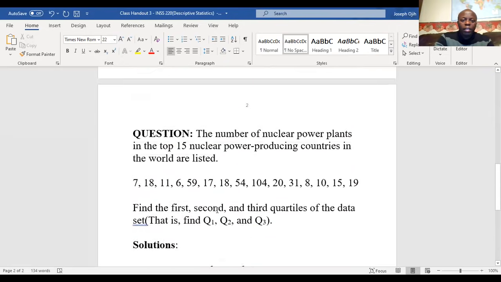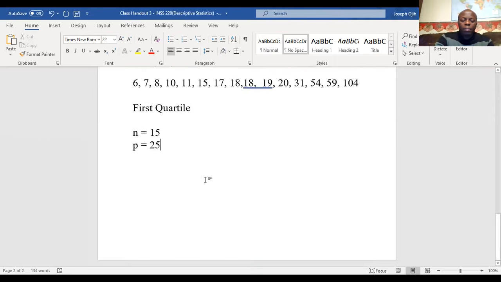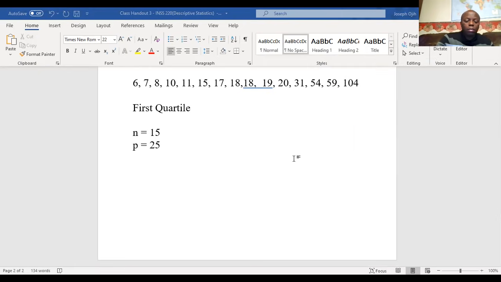So remember the formula is n times p over 100. Before I take you to that section, let me write down these numbers: p as 25 and n as 15. So we have Q1, that is quartile 1, equals n times p over 100.